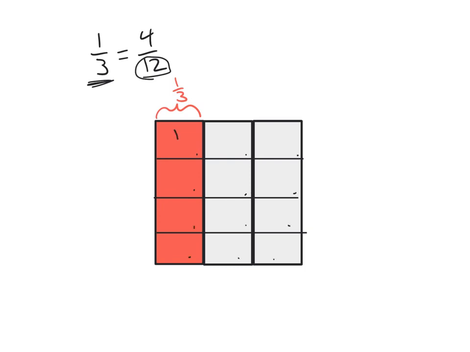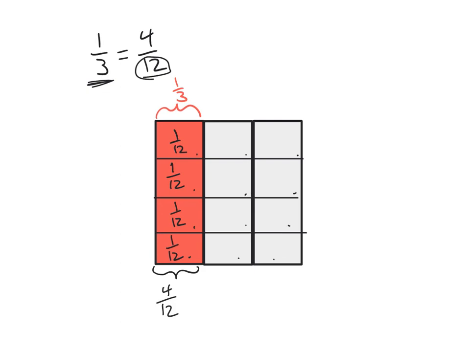So I've created 12ths in each of these small little rectangles. Now if I label the unit fraction within the shaded region here, I would have 1/12, 1/12, 1/12, and 1/12. If I were to add all those 1/12ths together, I would have 4/12.